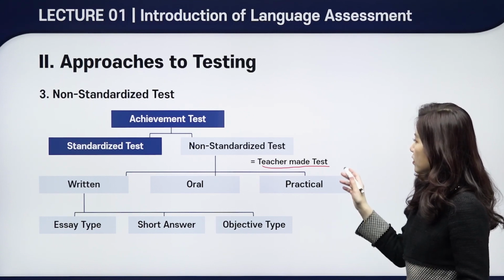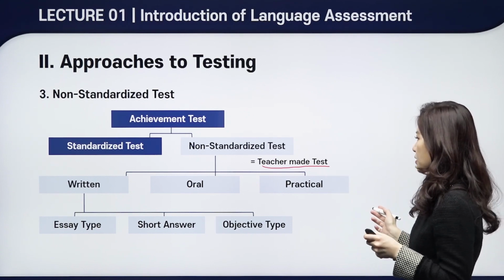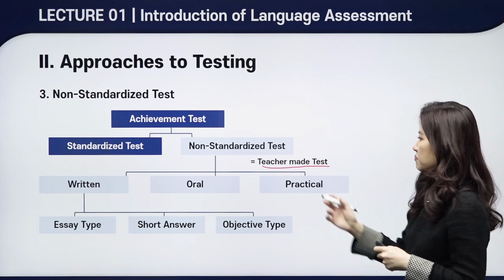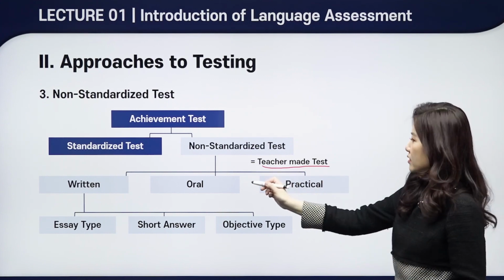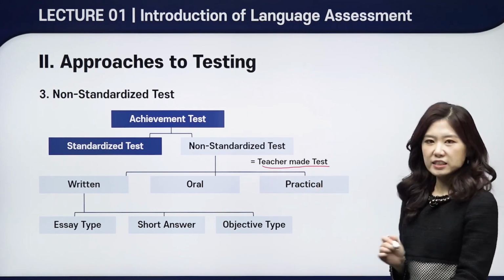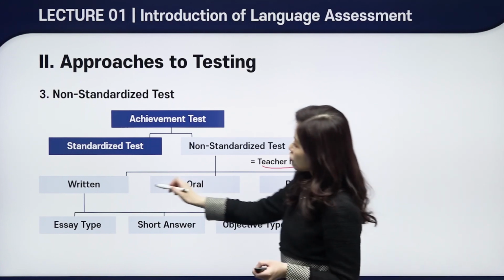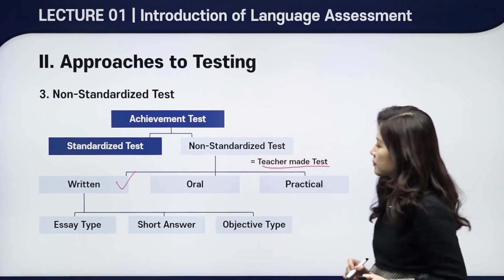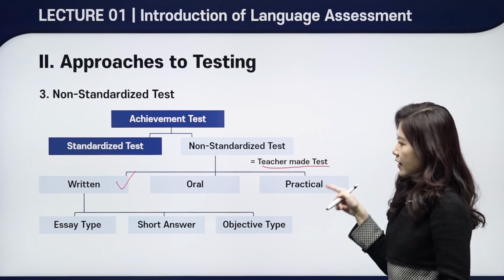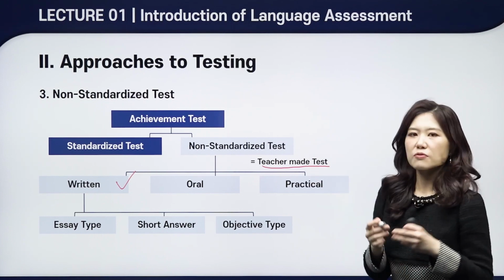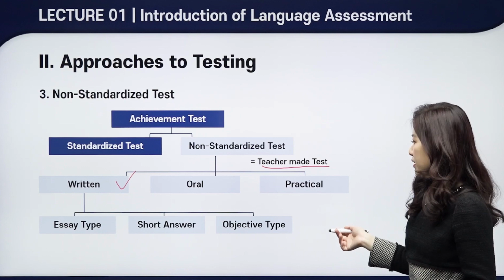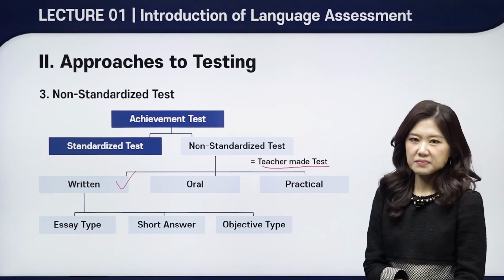Okay, and within non-standardized tests, we can also see different types. Written, oral, or even practical. And if we just concentrate on written type, we can also subdivide written tests in terms of essay types, short answers, and objective types.